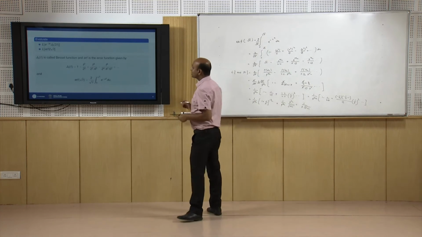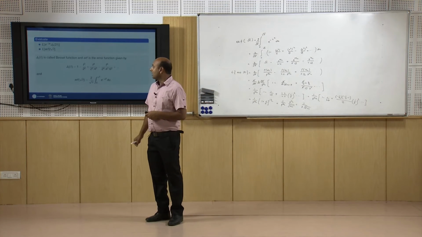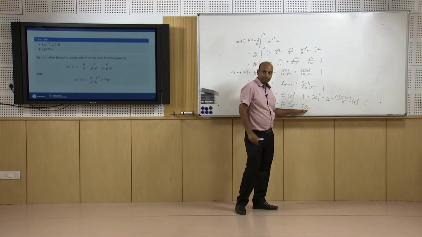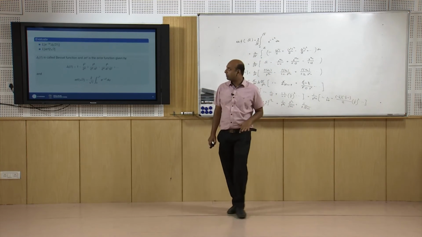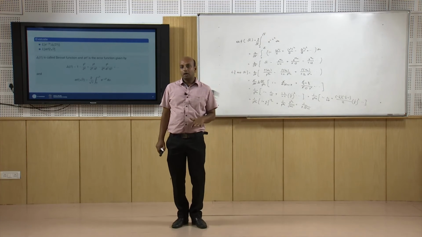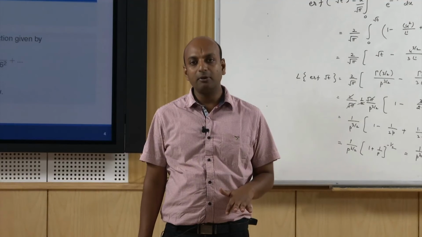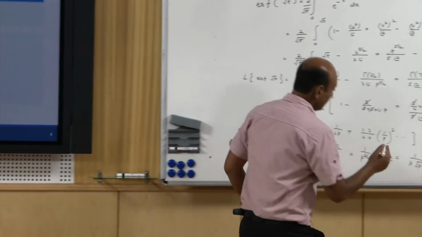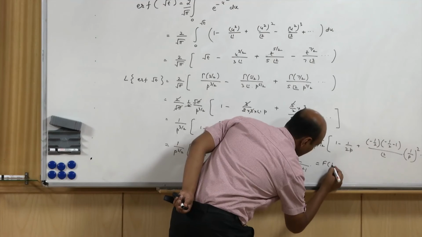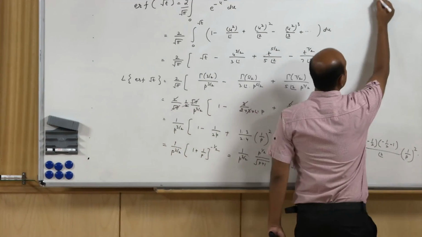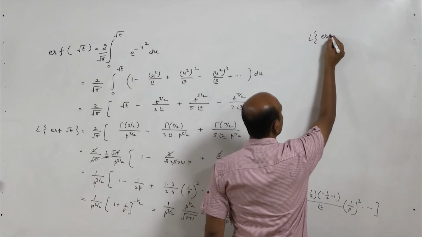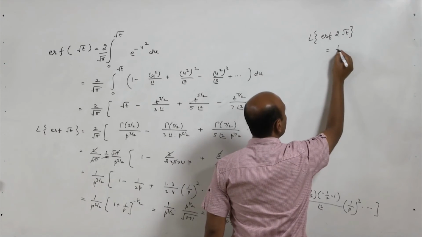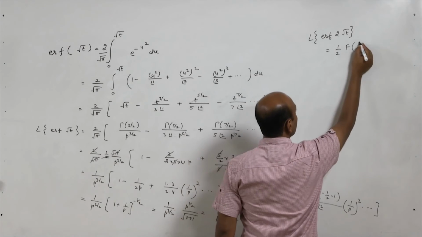Now we can solve that problem very easily because we know the Laplace transform of error function of under root t, which is given by this f(p). Now for the Laplace transform of error function of 2 under root t, we can use the change of scale property. If it is f(p), then the Laplace transform of error function of 2 under root t will be nothing but 1 by 2 f(p by 2).